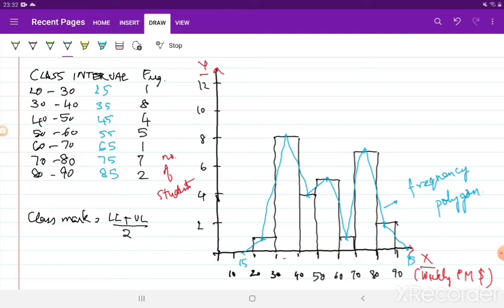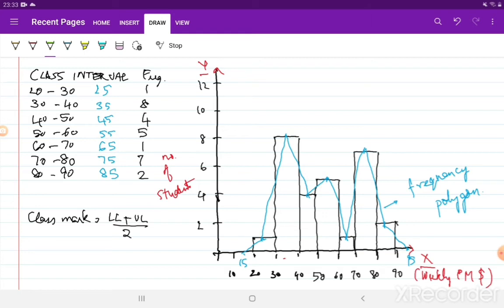One of the advantages that these frequency polygons have over histograms is that if I have different variables that I want to compare, such as pocket money for the 8th standard students and pocket money for students in the 10th standard, I could probably use another color to represent the frequency polygon for the 10th standard students in the same graph.